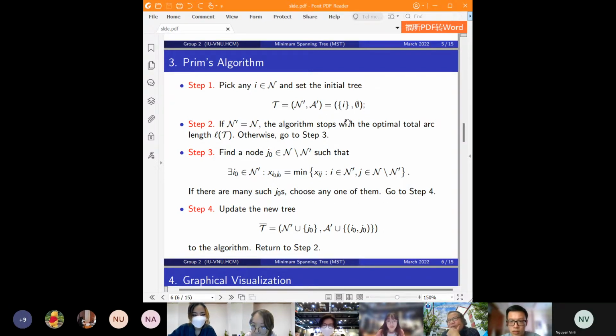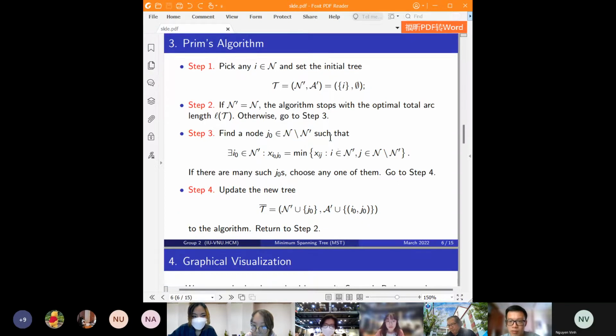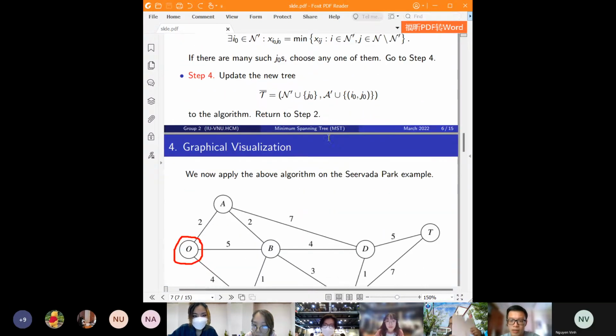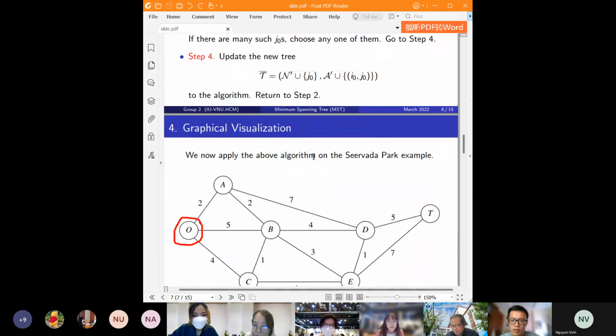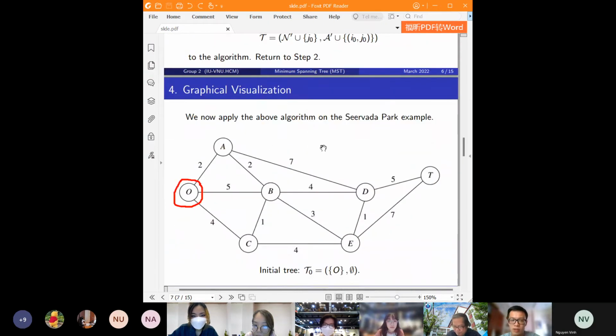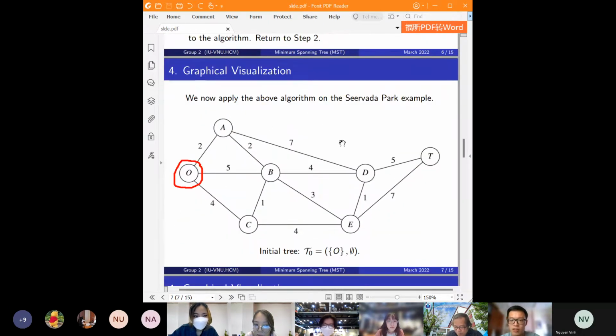Okay. So now my teammate will present the application of this algorithm on the given introductory example, so everyone can understand more about Prim's algorithm and the problem.